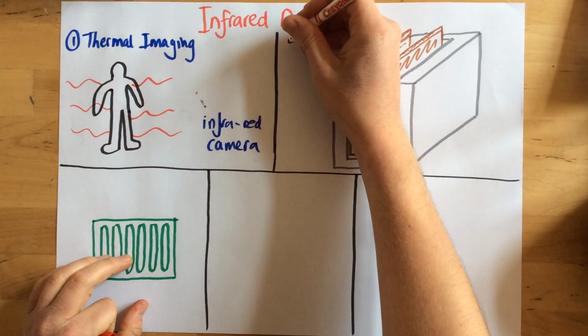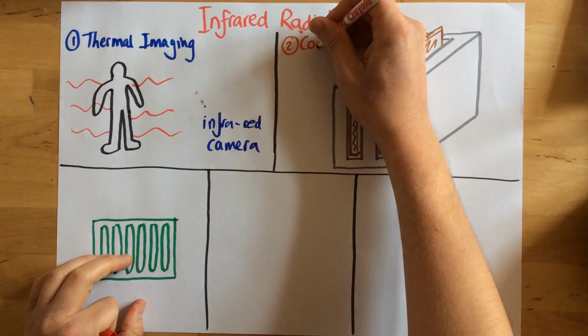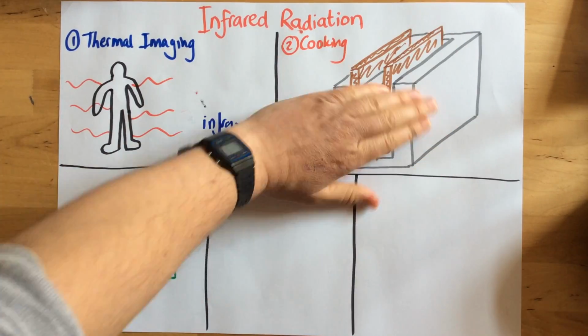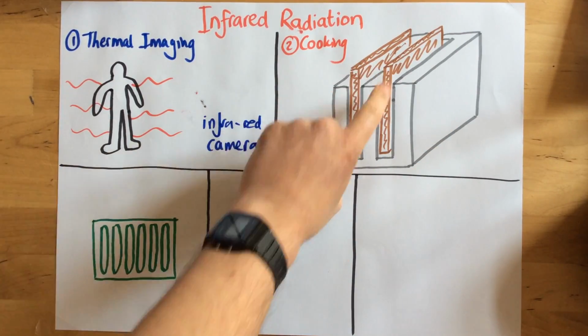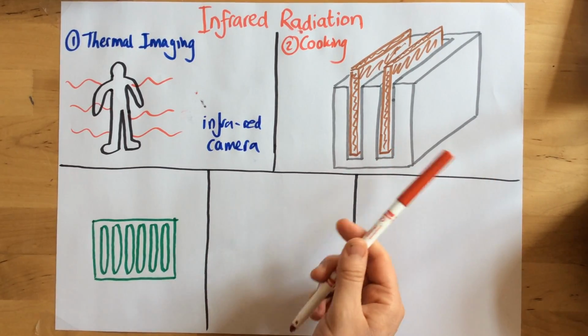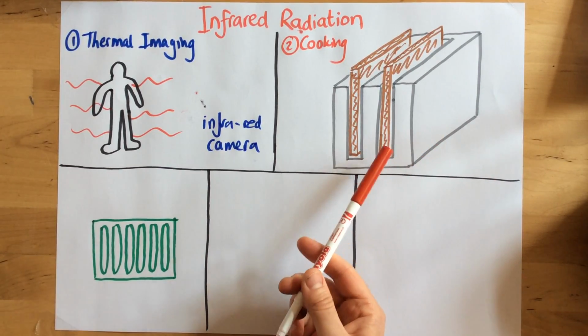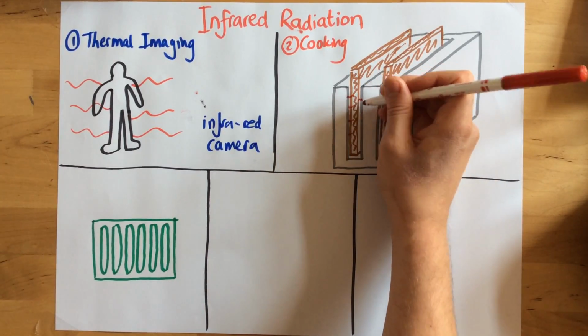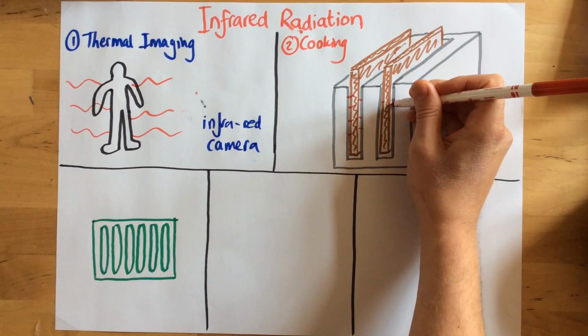Another use is cooking. So what I've got right here is a cross section of a toaster, and here's some bread that's been put into the toaster. What actually can happen with cooking is infrared radiation is given out by the heating elements of the toaster.